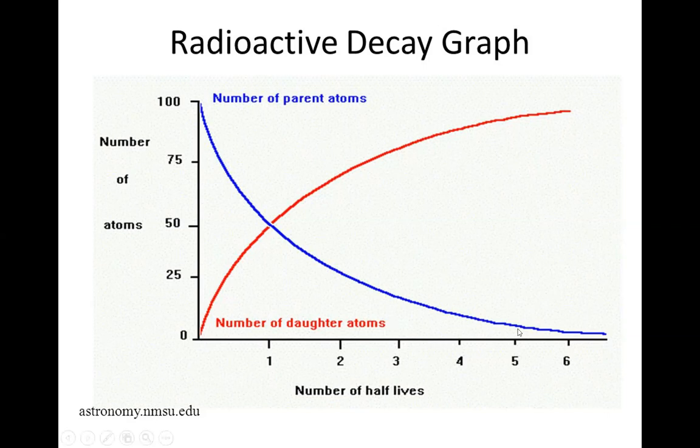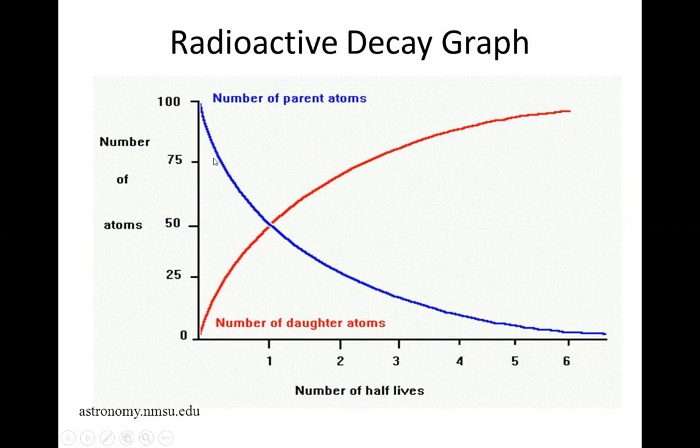But as time goes by, the number of argon atoms increases in a very interesting mathematical way until eventually it's going to approach a whole number, 100, just to be simple in this case. But each of these numbers corresponds to one half-life. And again, half-life is the amount of time required for half of the parent atoms to decay into daughter nuclei.